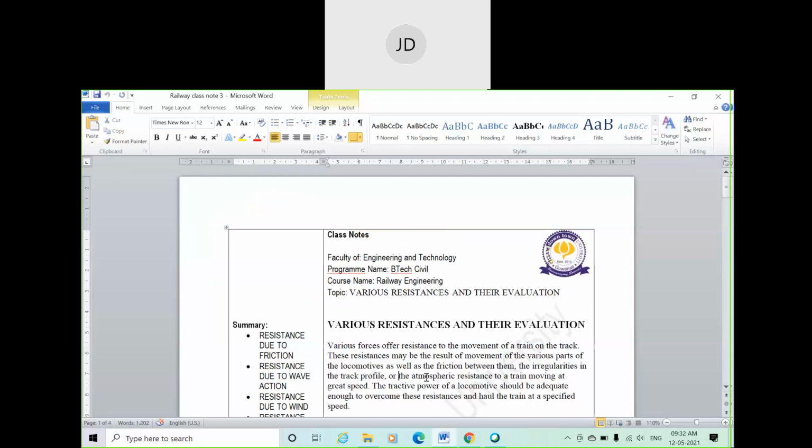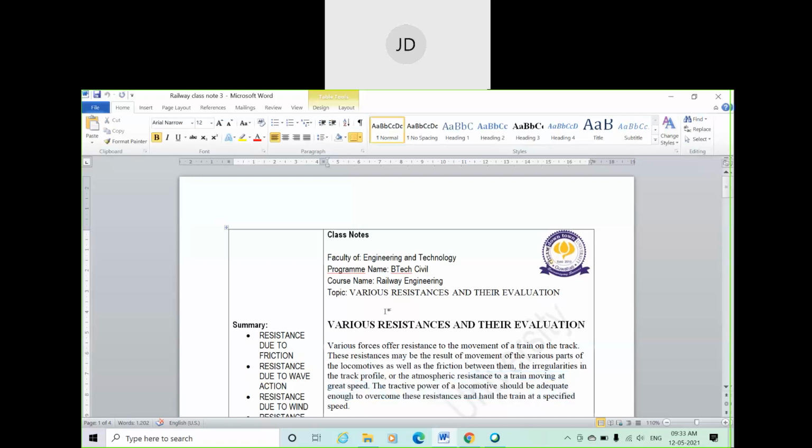Then atmospheric resistance to the moving train. You also know that with increasing speed of any vehicle, whether you consider a train or bike or a car, you experience some wind drag acting against the movement of the vehicle. Similarly, in the movement of the train also, atmospheric resistance acts in the opposite direction like wind force.